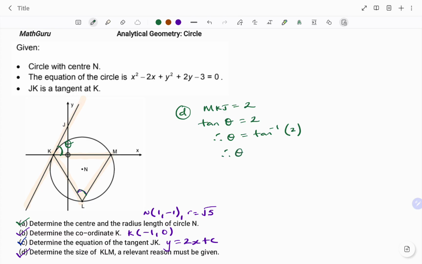Therefore, theta equals 63.43 degrees. So I can state that KLM, that's the angle, is equal to 63.43 degrees.